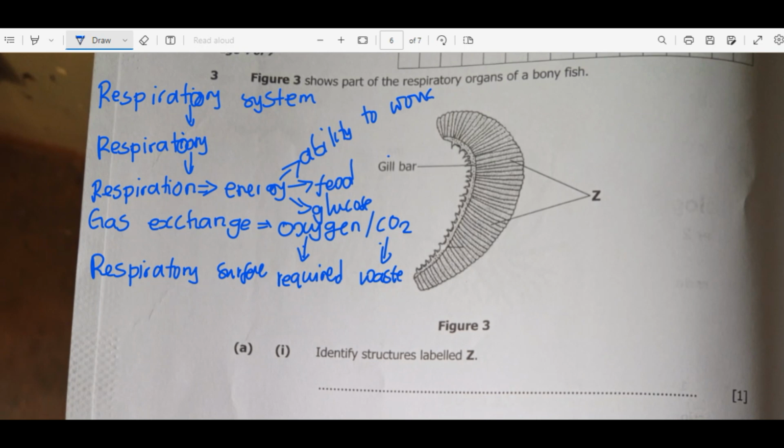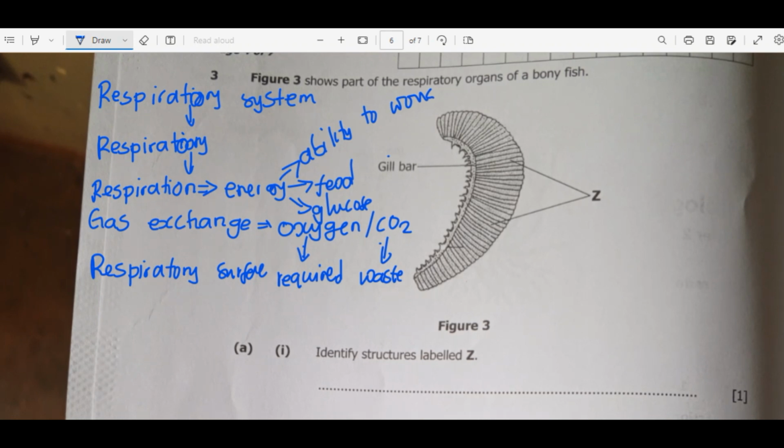There are several respiratory organs found in a bonefish, one of which is the gill. Please never confuse a gill bar to be an organ. A gill bar, gill filament, gill raker, these are just parts found in an organ known as a gill. Please make sure you understand that.